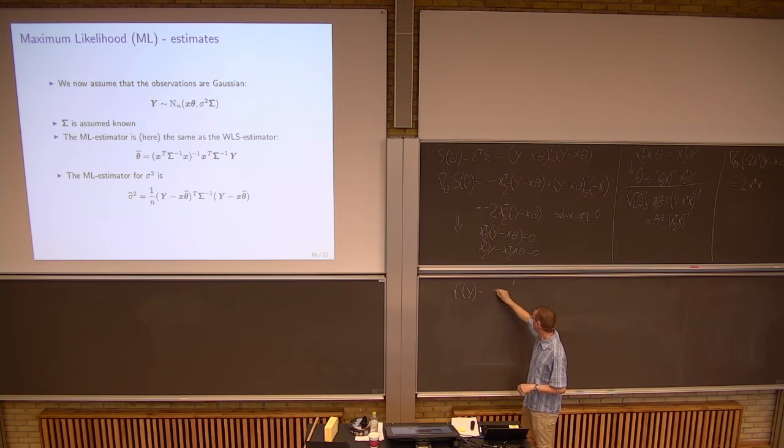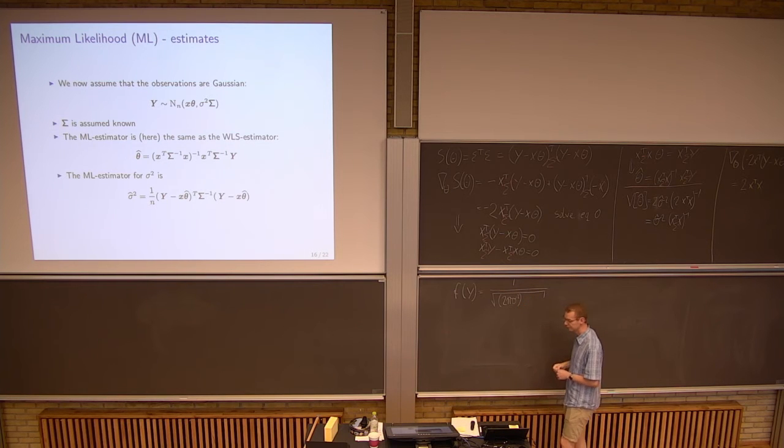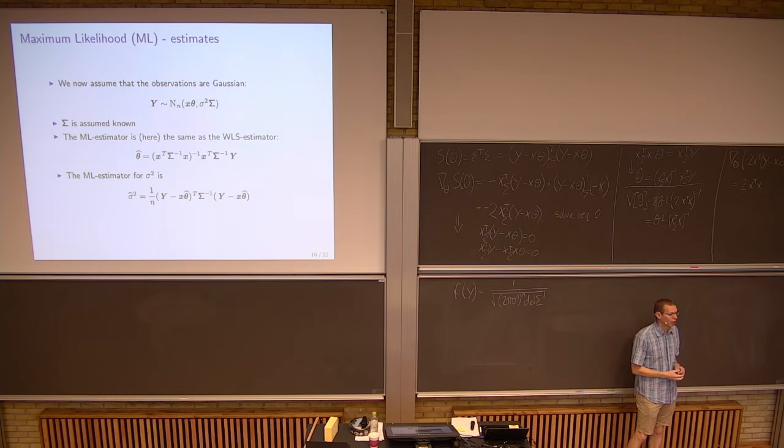It's 1 divided by the square root of, and I'll write it a little bit differently than last week, 2 pi, and then I have the sigma squared to the n power multiplied by the determinant of uppercase sigma.